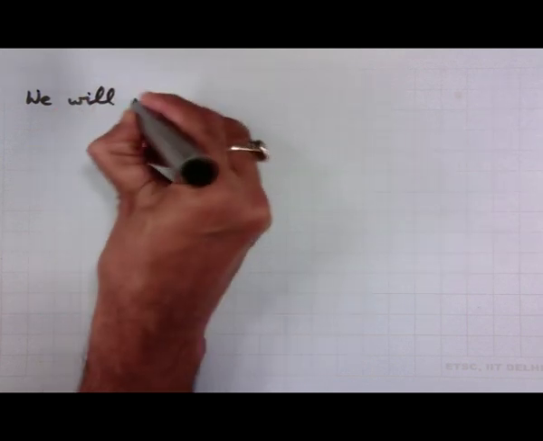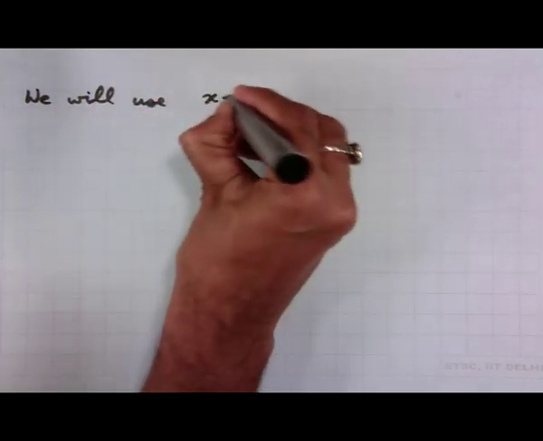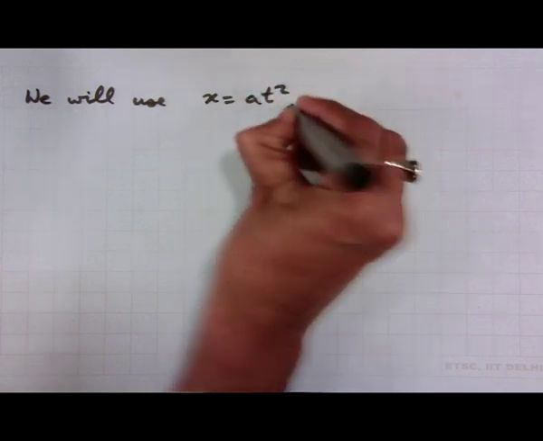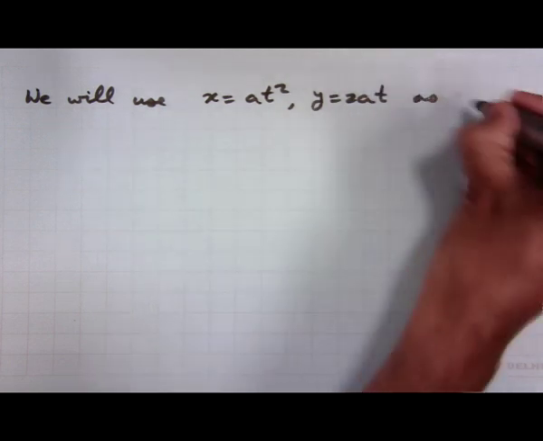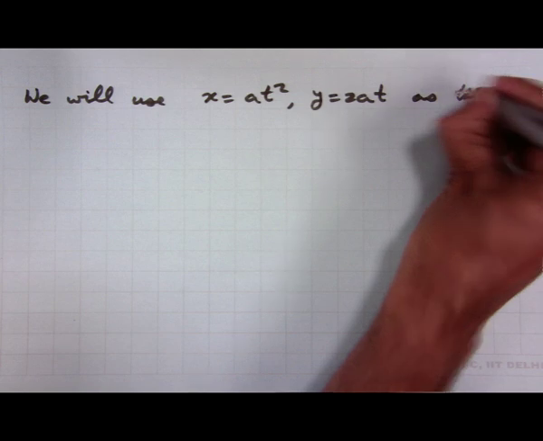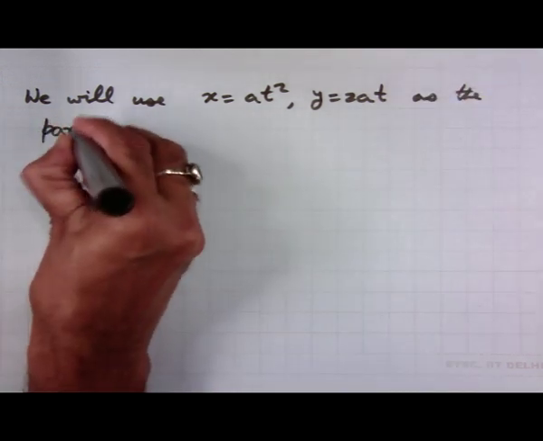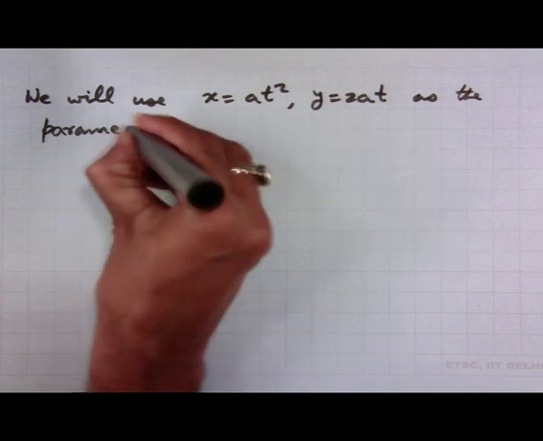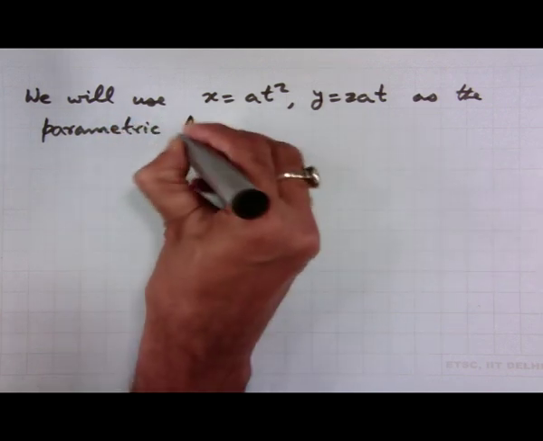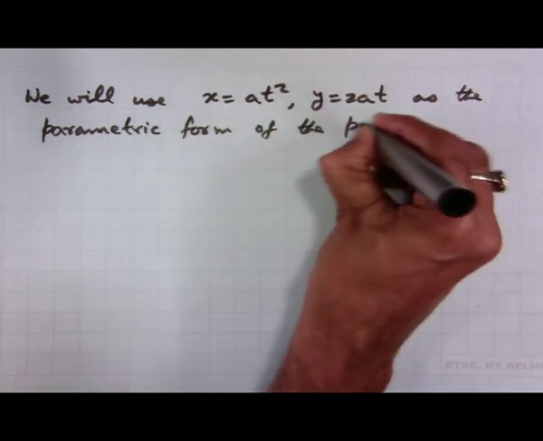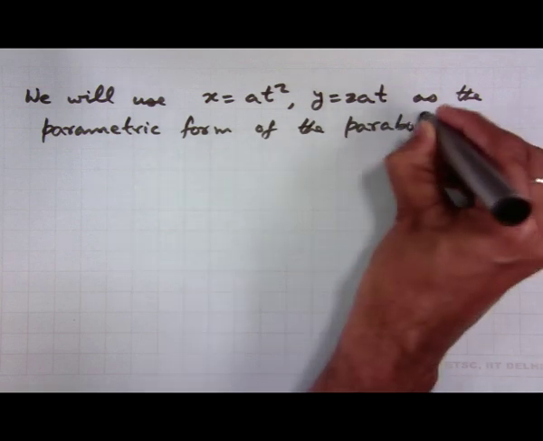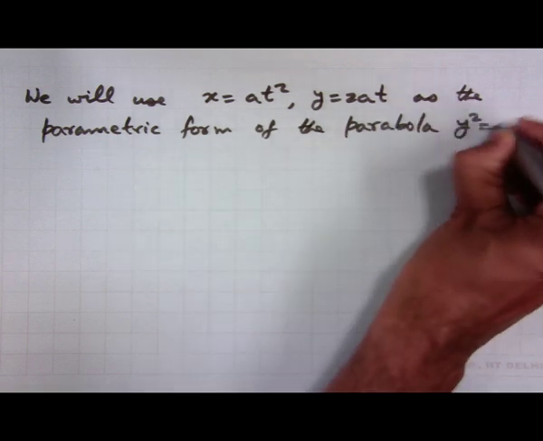So, we will use x equal to a t square, y equal to 2 a t as the parametric form of the parabola y square equal to 4 a x.